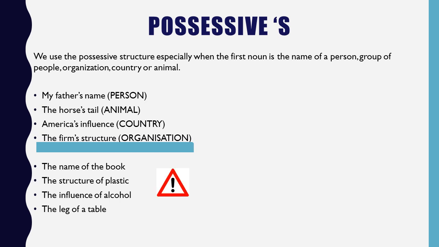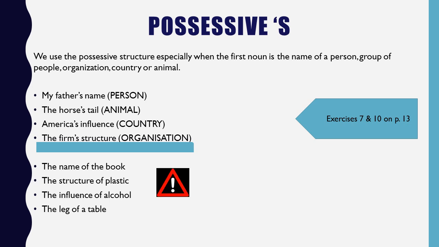When we say the name of the book, the structure of plastic, the influence of alcohol, the leg of a table. So if you want to have a look at exercises 7 and 8 on page 13, you will see how this apostrophe S for possession is used.